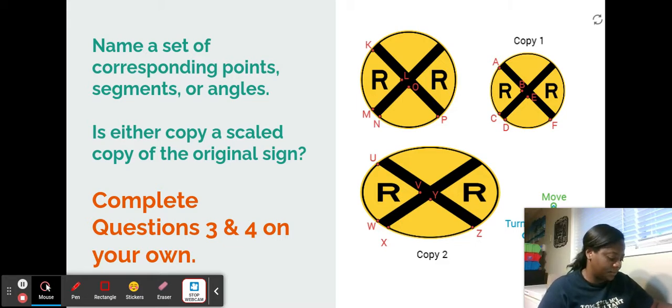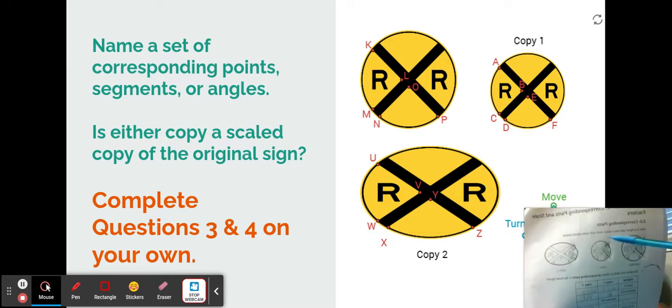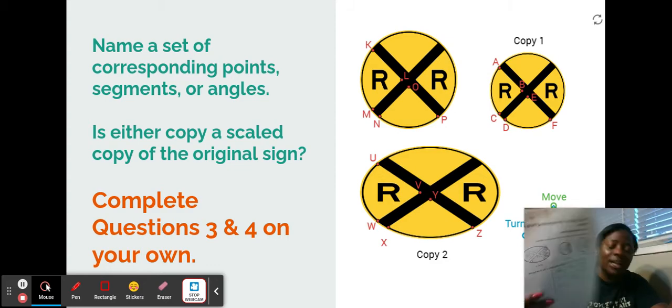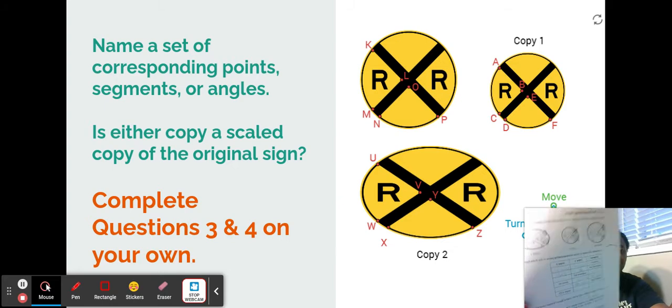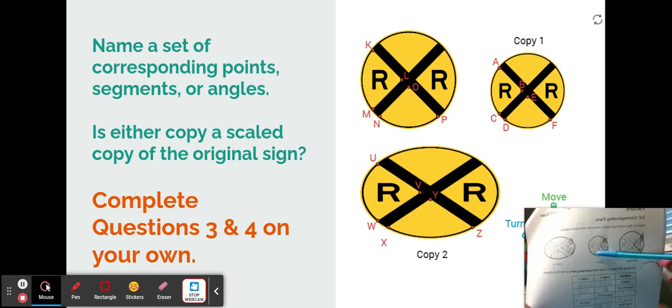That makes sense. So what can we tell from this? Well, we already said that copy number one was a scale copy and copy number two was not. So this shows us that even if we don't have numbers for the angles, we can still tell. If it's a true copy, it will have all the same angles.